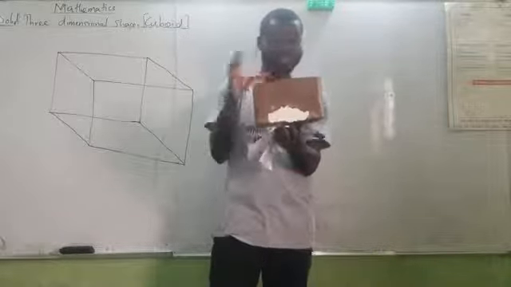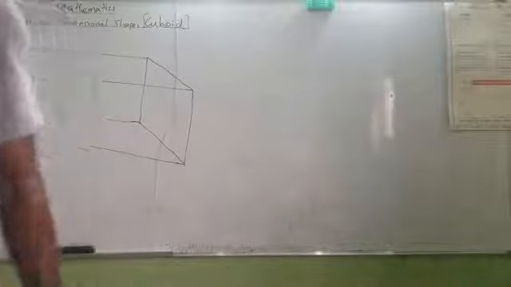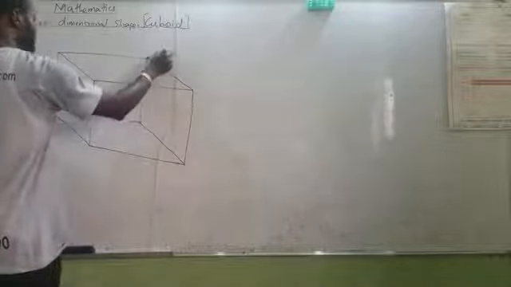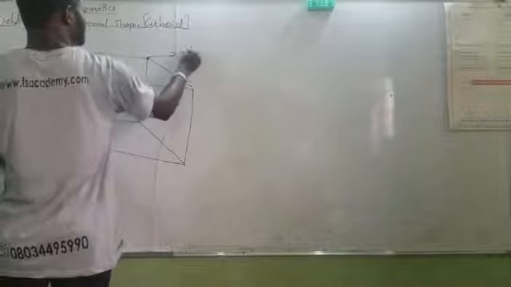Now, back to the properties. There are some things you need to know about a cuboid. Number one, this is called a vertex. Take note of that. That is a vertex.